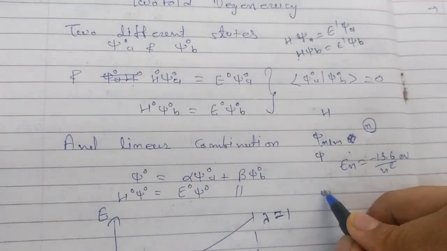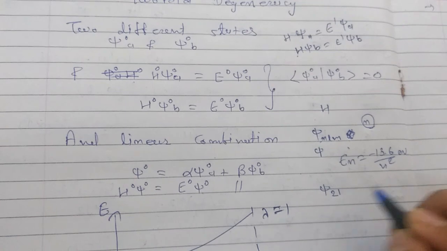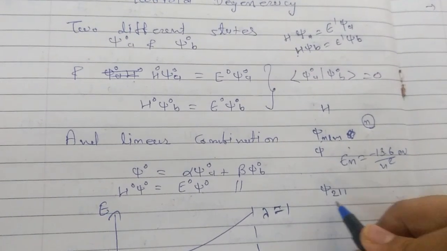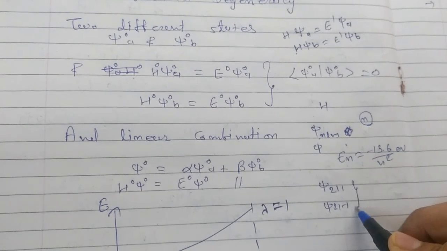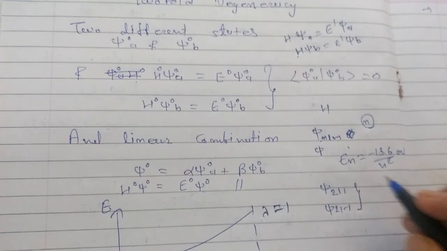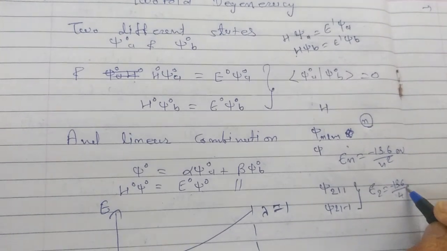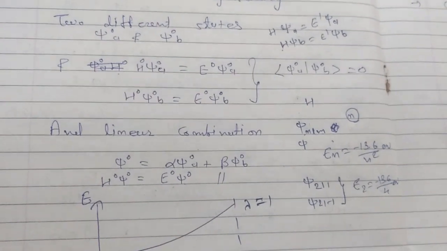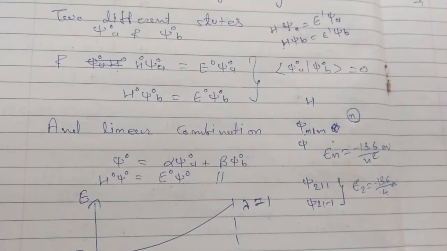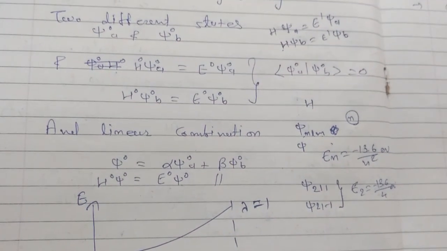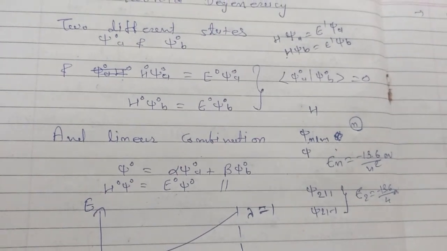So for n equal to 2, we have L equal to 1 and M equal to 1, 0, and minus 1, and L equal to 0, M equal to 0. For all of these states we will have the same energy E2 as minus 13.6 by 4 electron volt. So in summary, different wave functions having the same energy, we call that degeneracy.